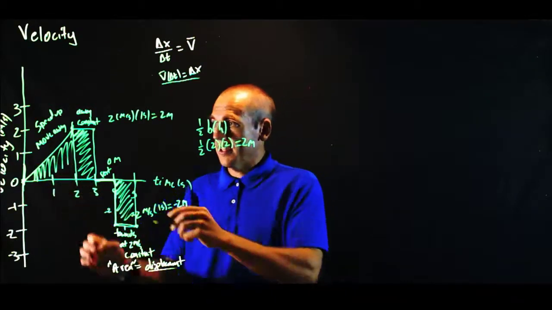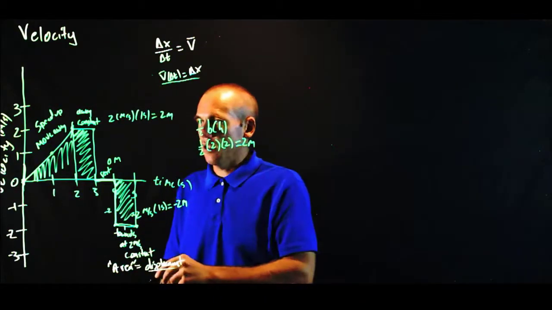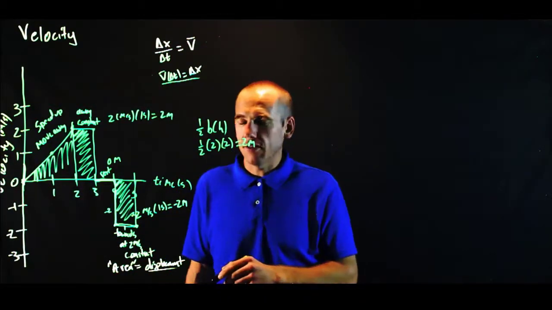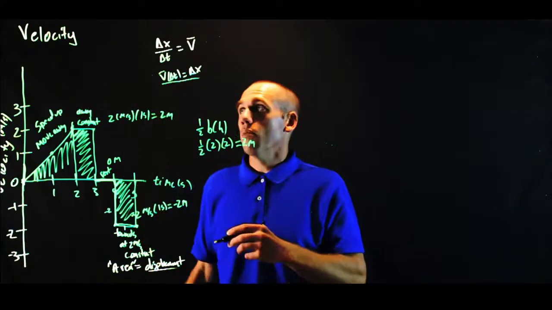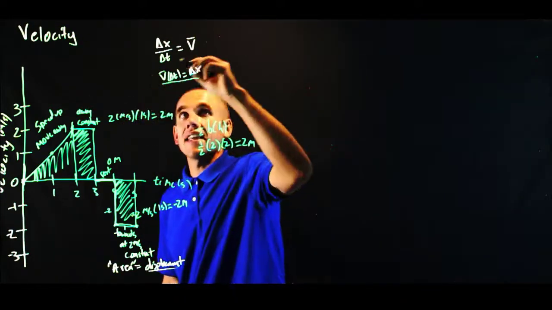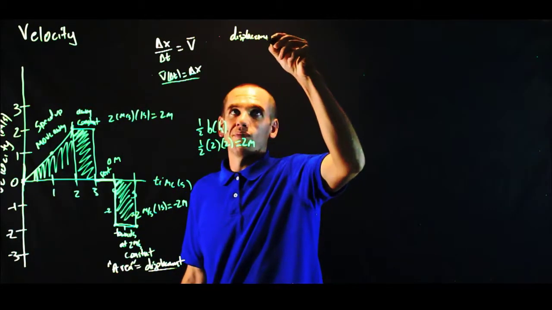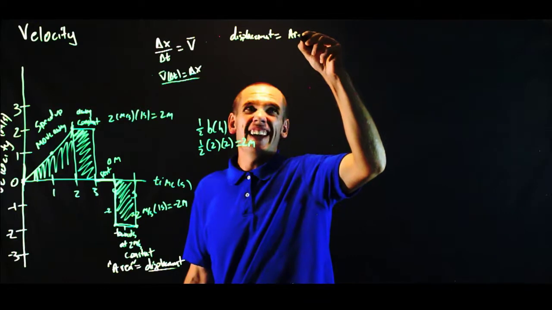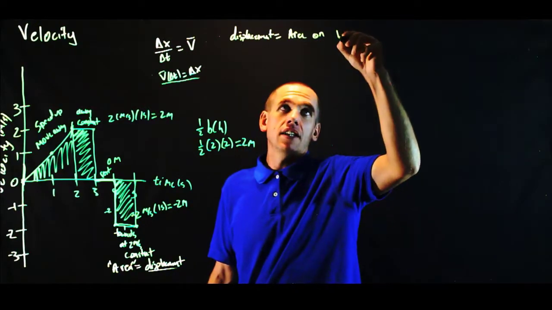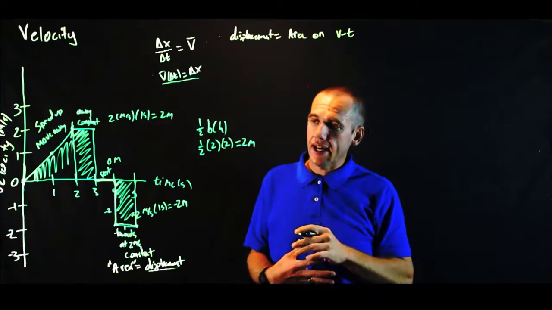And that is, you'll notice, the average velocity. The average of 2 is 1 times the elapsed time. So we're not breaking the rules, but what's cool is we can say that displacement equals area on a velocity time graph.